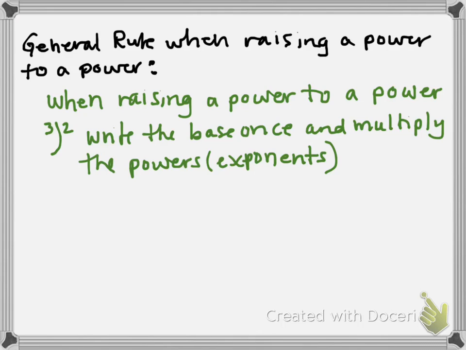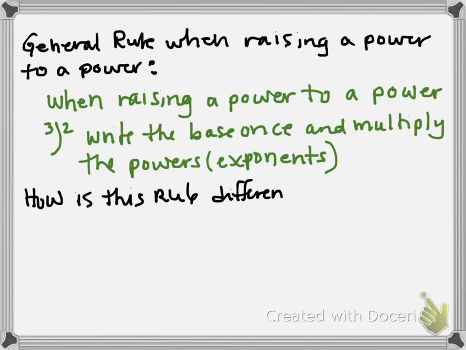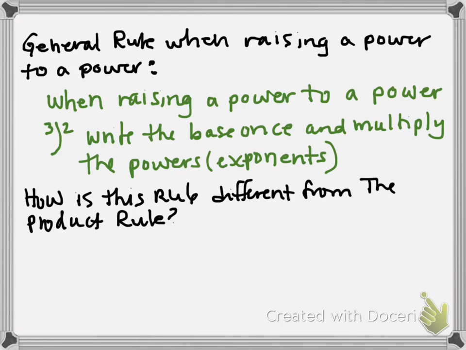The next box asks us to answer this question. How is this rule different from the product rule? So that was the rule we talked about on Monday. So what did we do in Monday's product rule that we're not doing today on this power rule?